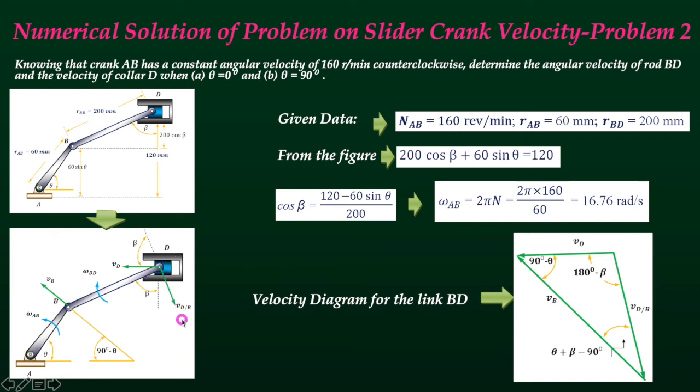So DB is in this direction. Whereas if we write VBD, meaning velocity of B with respect to D, then it will be opposite to this and working through this point B.